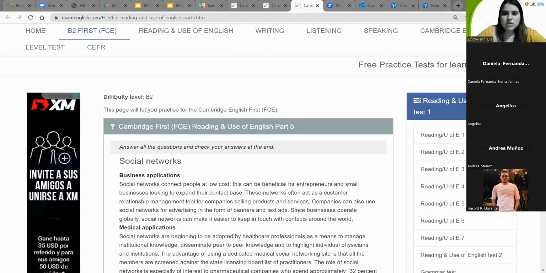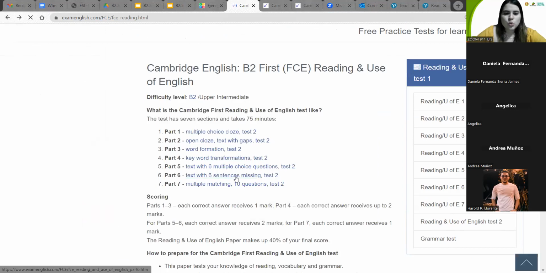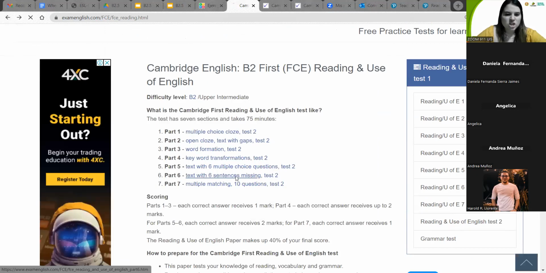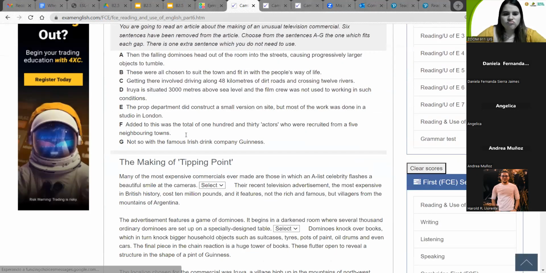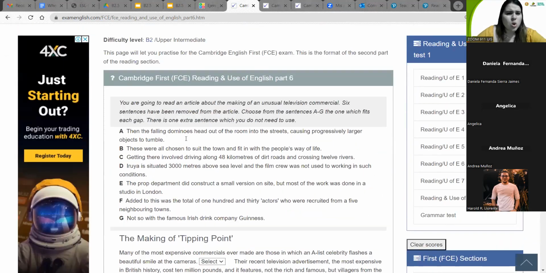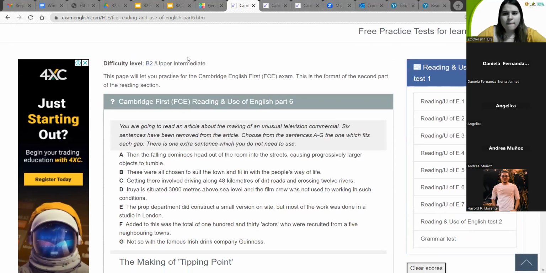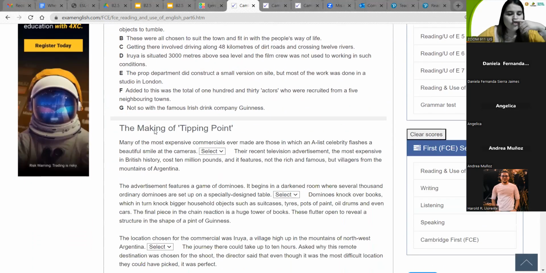And then maybe we do part 6. Part 6 is also not new to you. You have already taken exams with these kinds of exercises, with an extract or a sentence that has been removed from the article.